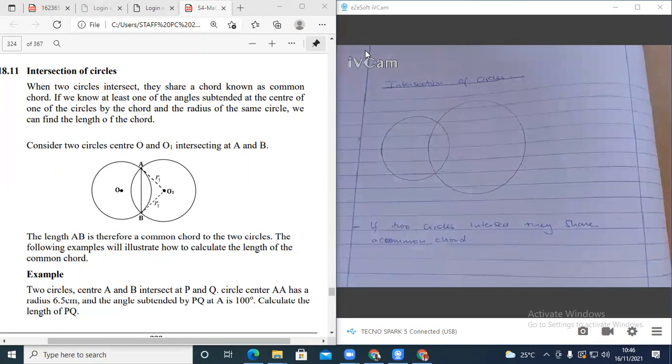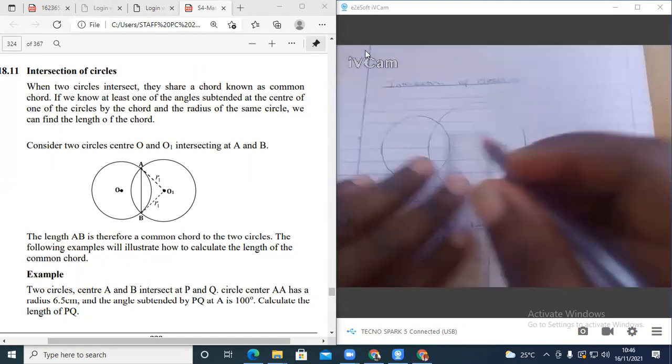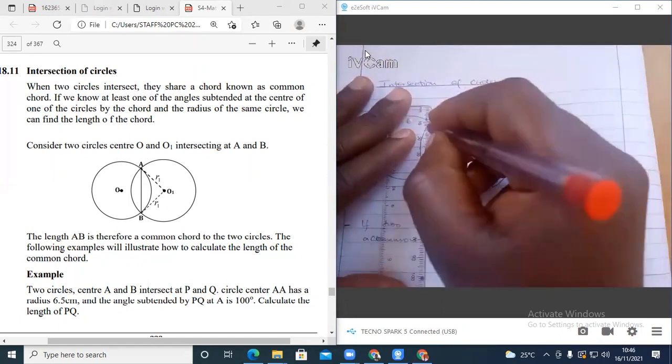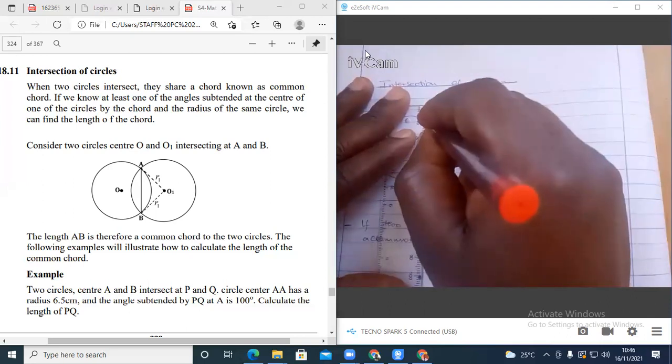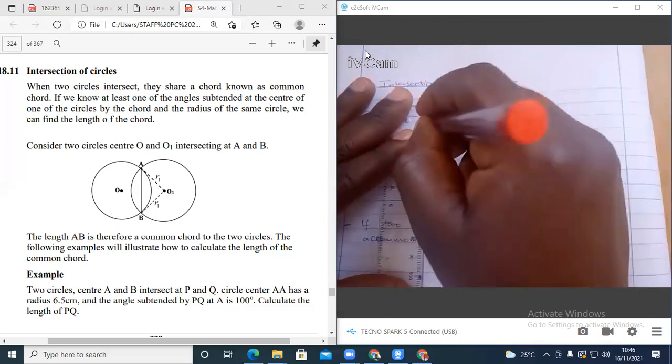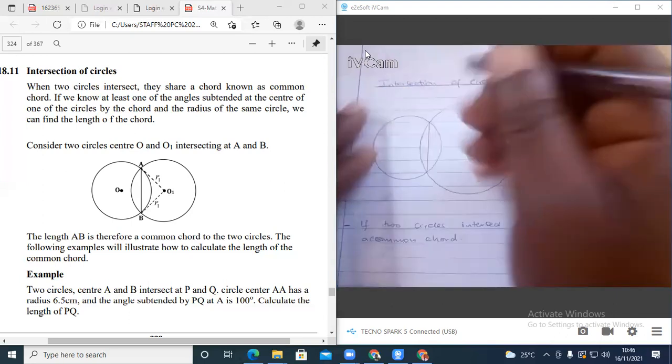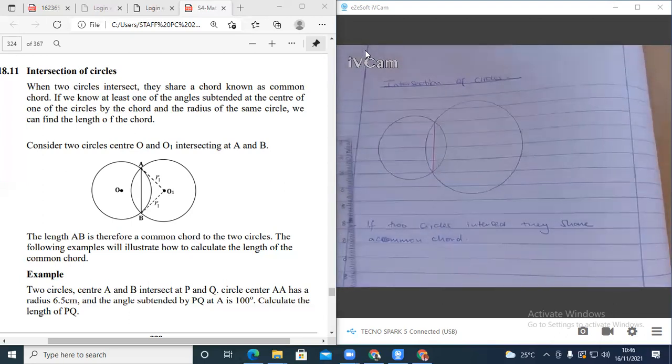So which chord are we talking about? We are talking about this chord. This is the chord I'm talking about, this one here. Let me put it in red. Okay, that's the chord I'm talking about.